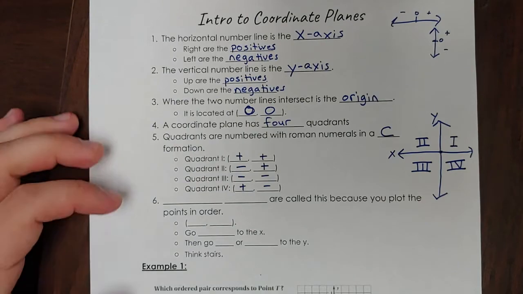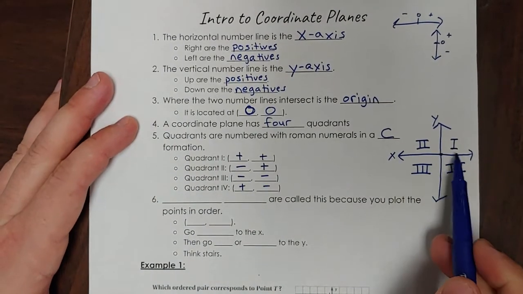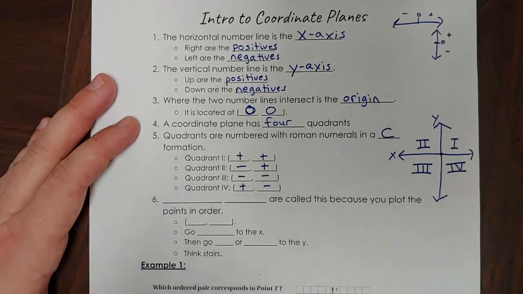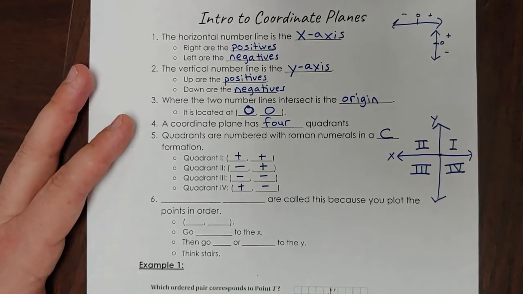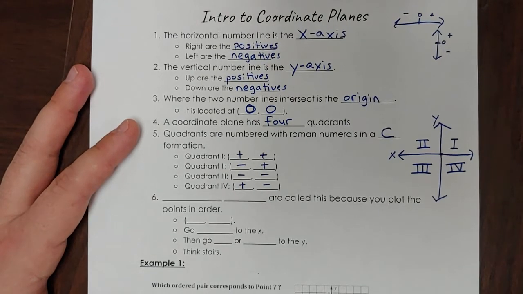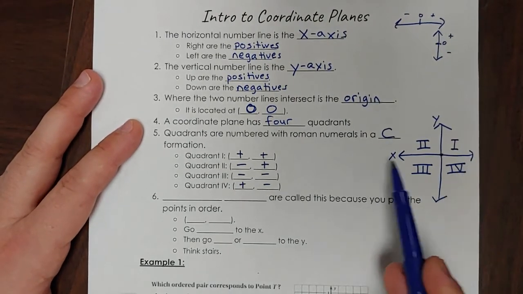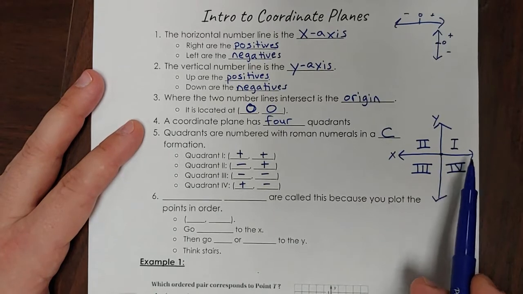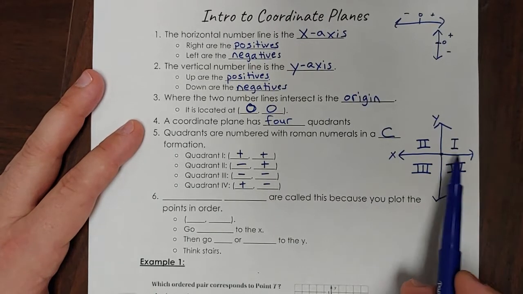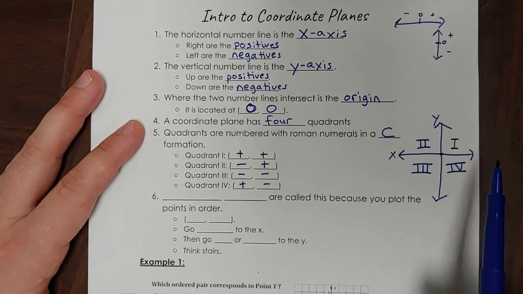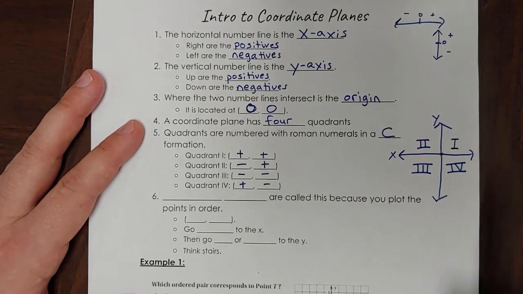So, looking at this horizontal number line, which side is positive and which side is negative? The right.